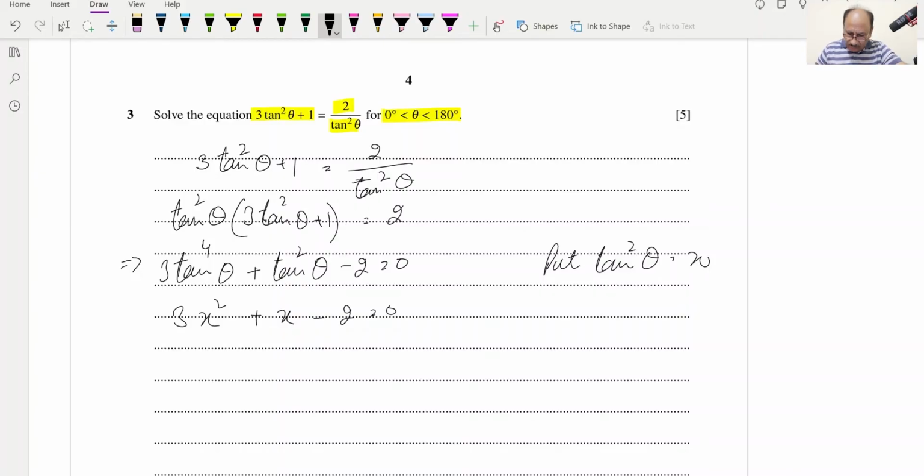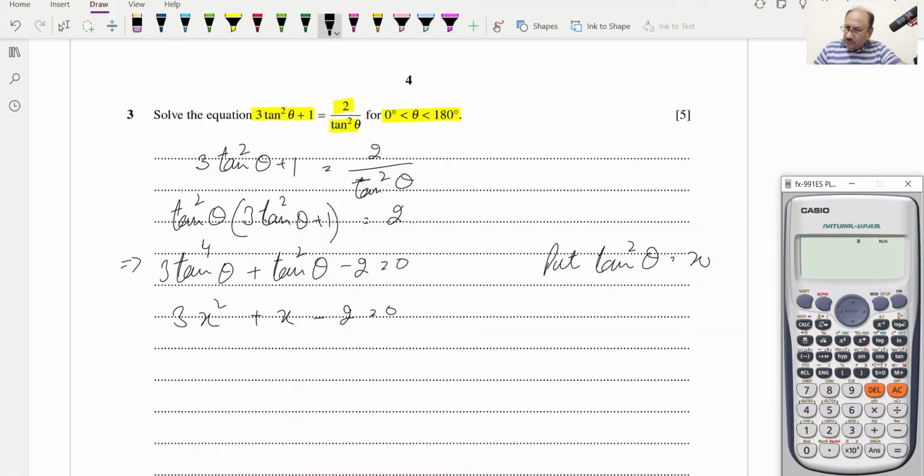So this will be a quadratic equation in terms of x, so we can basically factorize this equation. The coefficient of x squared is 3, the coefficient of x is 1, and the constant value is -2. You can use factorization, or you can use the quadratic formula or whatever.